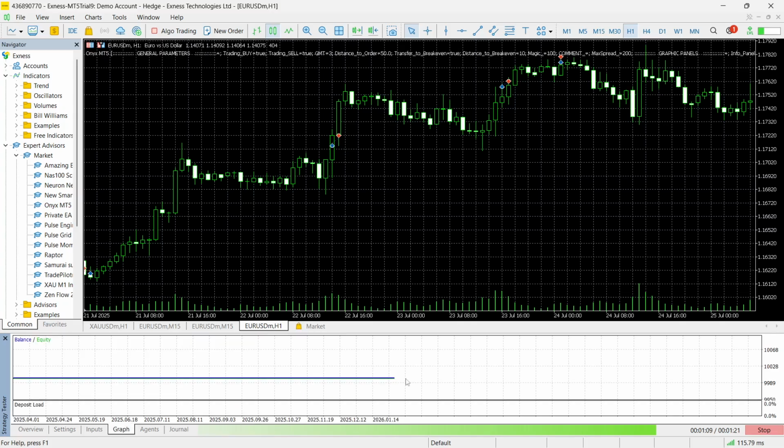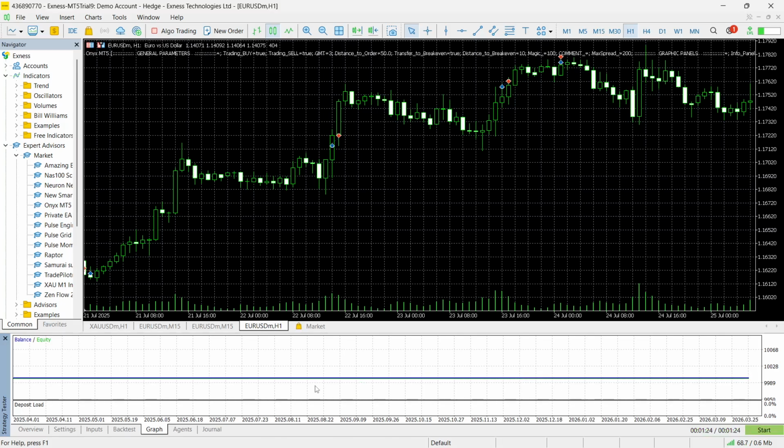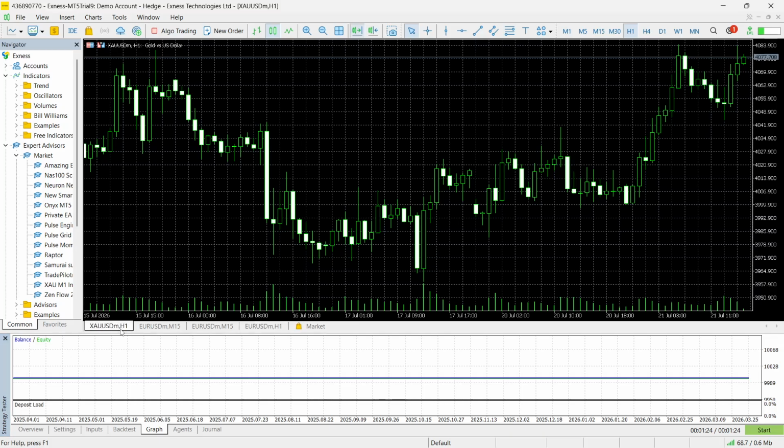All right, so looking at the graph already, we can see how it performs. The graph is basically flat. There's absolutely no activity going on, as you can see. No trades being taken. It's just a straight line showing that the EA did absolutely nothing for the 1 year period on the XAUUSD pair.